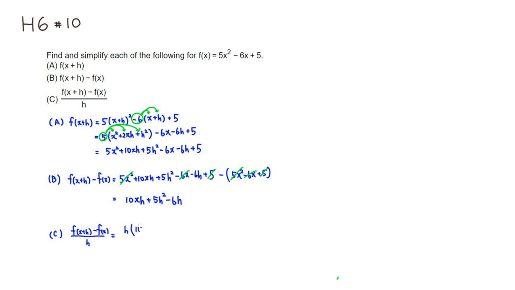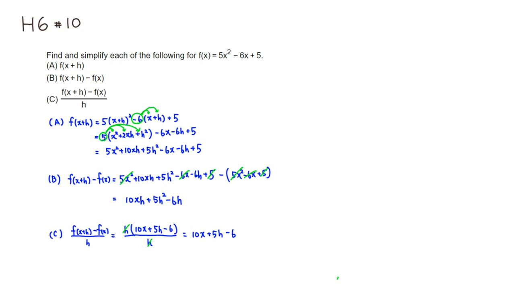So you get 10x plus 5h minus 6. We factor h out, and then we're going to divide through by h. That way we can simply cancel h on top and h on the bottom. So what you get is 10x plus 5h minus 6.